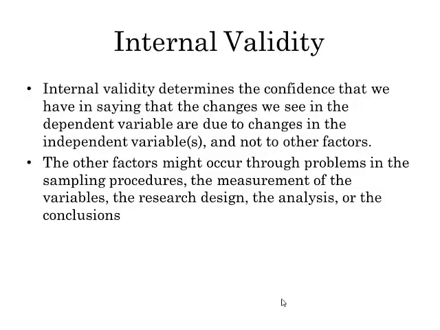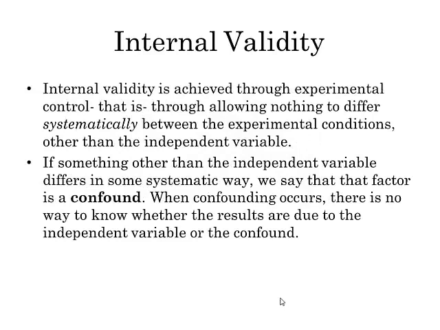Internal validity determines the confidence that we have in saying that the changes we see in the dependent variable are due to changes in the independent variable and not to other factors. These other factors might occur through problems in the sampling, the measurement of the variables, the research design, the analysis, or the conclusions. Internal validity is achieved through experimental control. That is, through allowing nothing to differ systematically between the experimental conditions other than the independent variable.